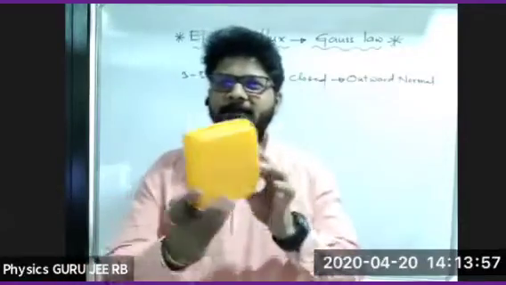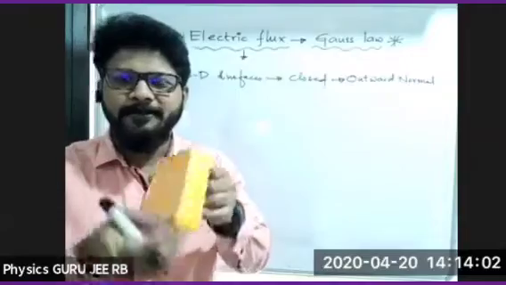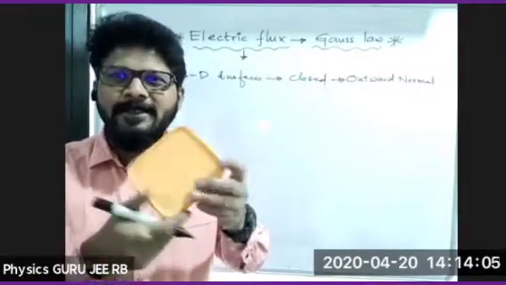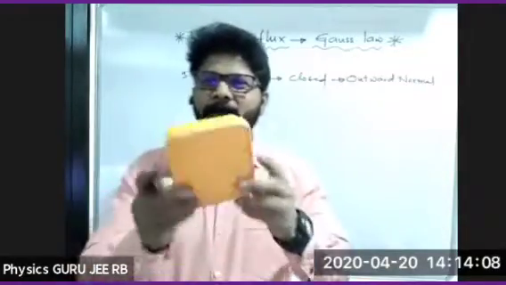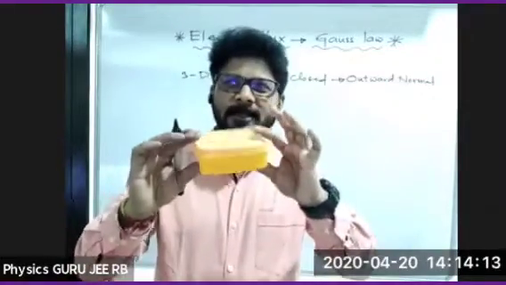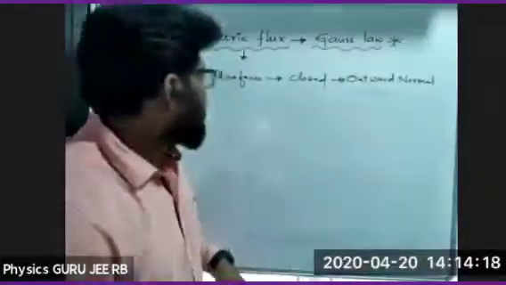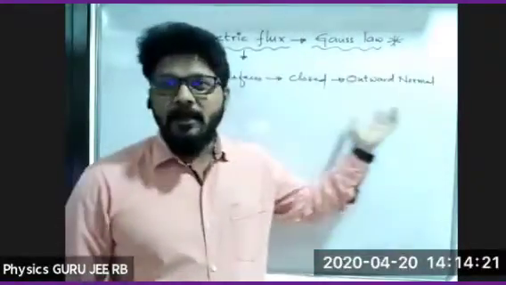Are you able to see all 6 surfaces? This is called a closed surface. This might be one of your tiffin boxes also.